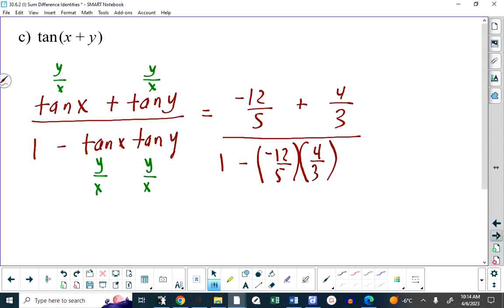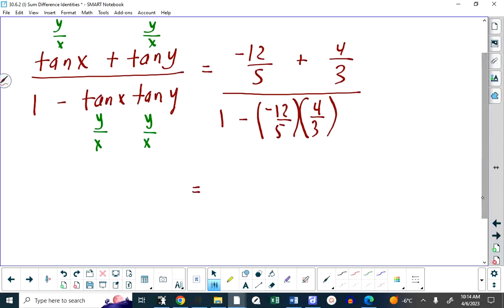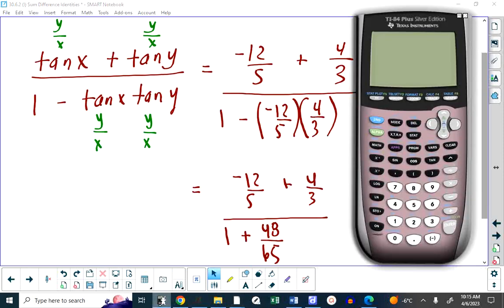Okay, so now we have to clean it up. If I were really worried here about algebra, I would say we need to multiply top and bottom by whatever is necessary to eliminate the fractions. This is just the numerical answer. Nobody cares how you get the final answer here. I would use my calculator to calculate the top and the bottom.